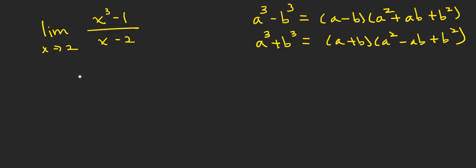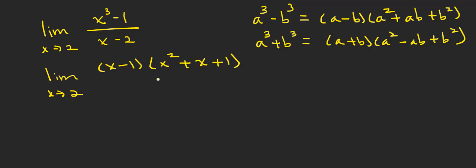So when you factor that out, you're going to get x minus 1, quantity x squared plus x plus 1, all over x minus 2. You could double check it by multiplying this out to see if you get x cubed minus 1.